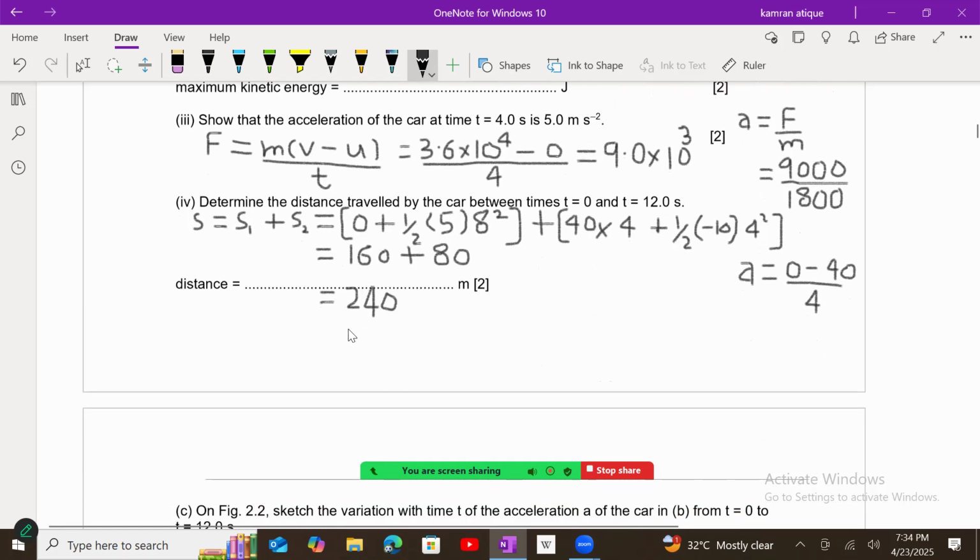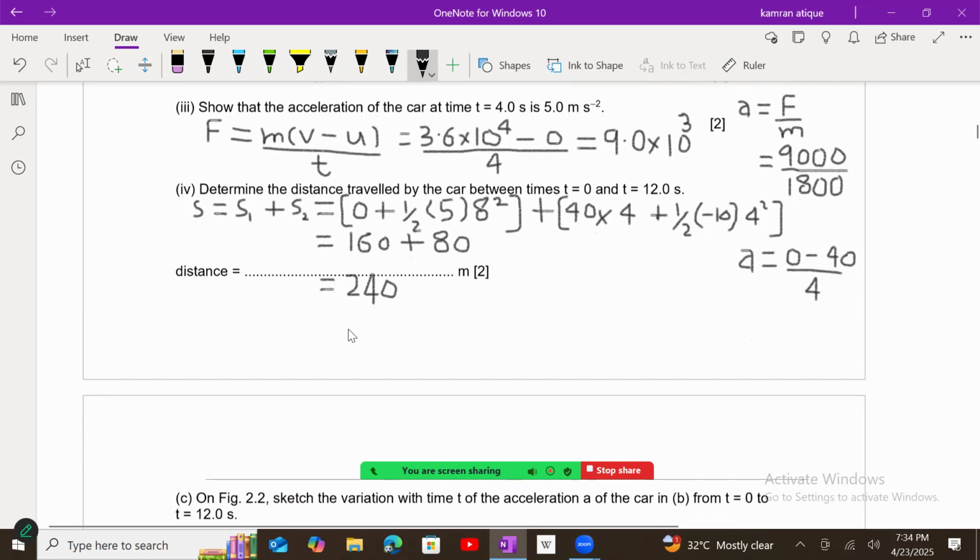Then students, we have reached the third part of this question, in which the examiner asks to show that the acceleration of the car at time t equals 4 seconds is 5 meters per second squared. As you can see, the momentum is increasing in the first 8 seconds.